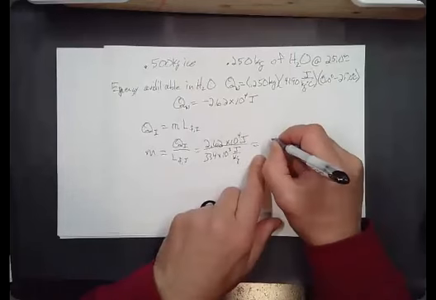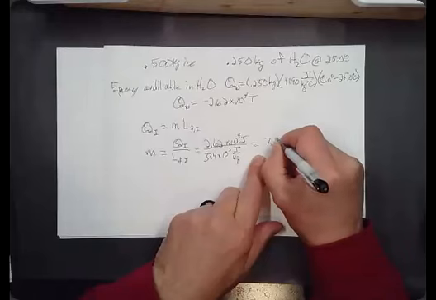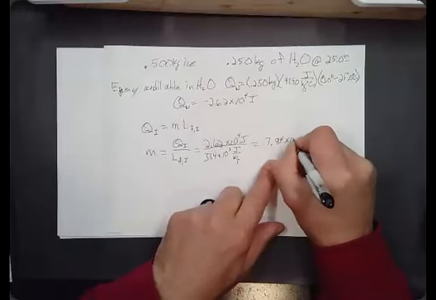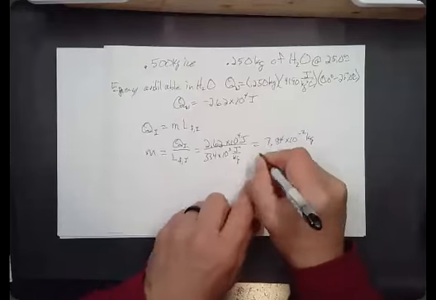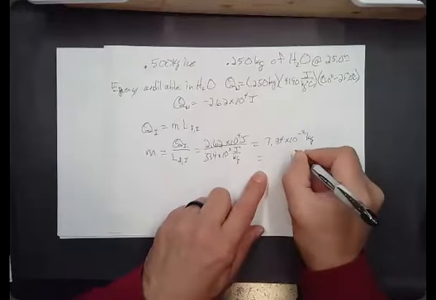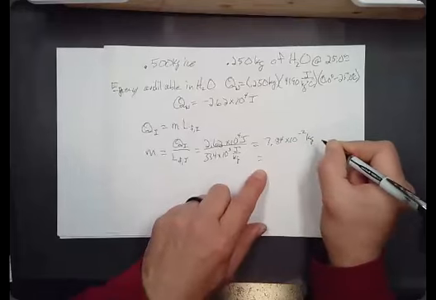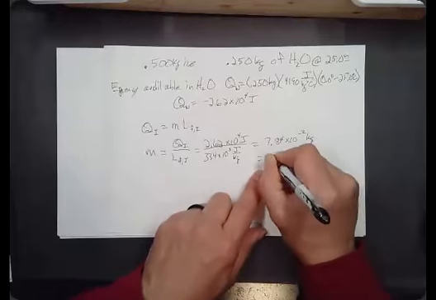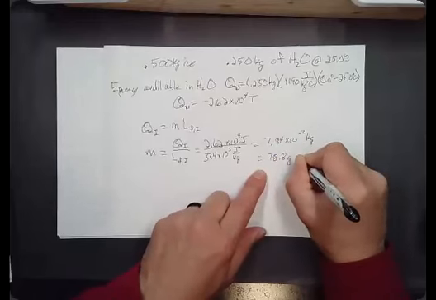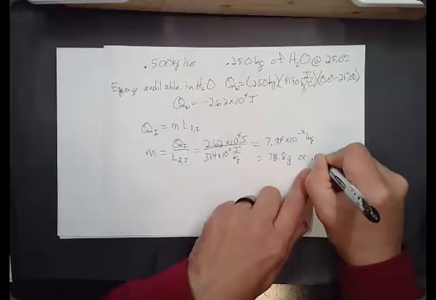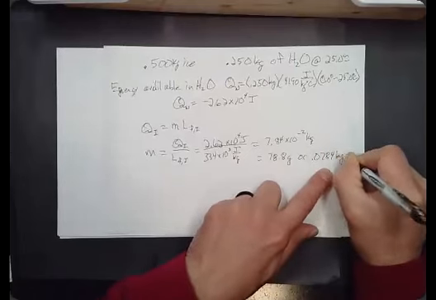Okay, and this time I get 7.84 times 10 to the minus 2 kilograms, which I could think of as 78.4 times 10 to the minus third kilograms, or 78.4 grams, or 0.0784 kilograms.